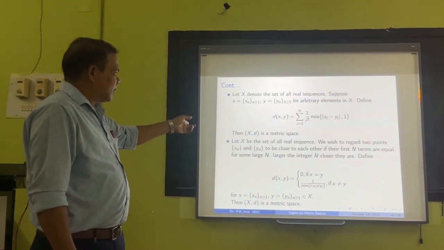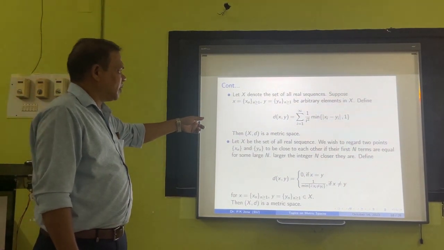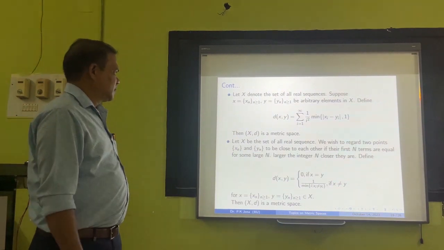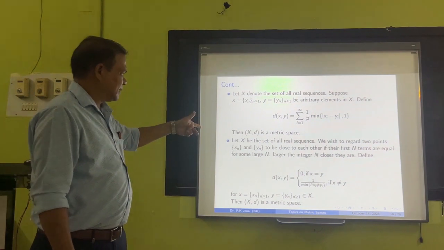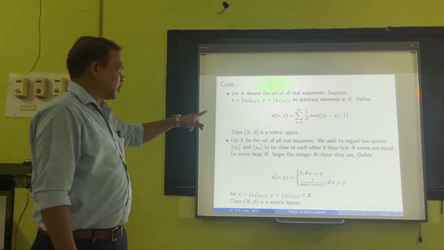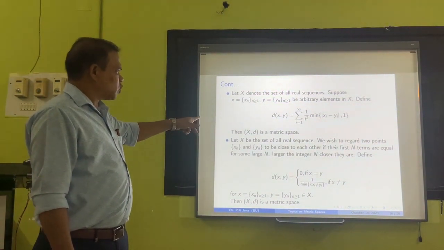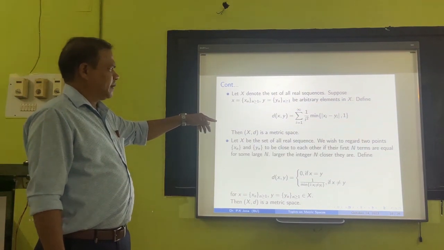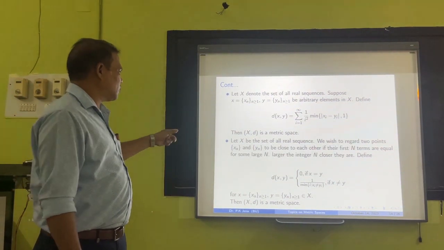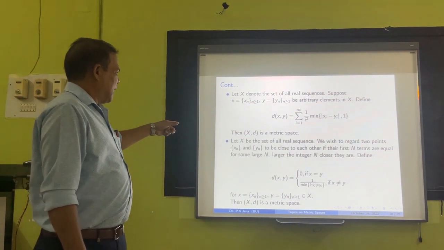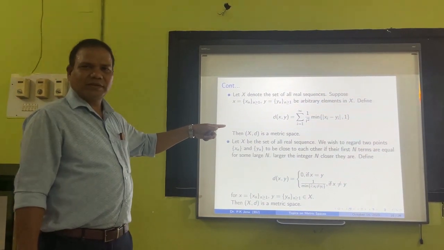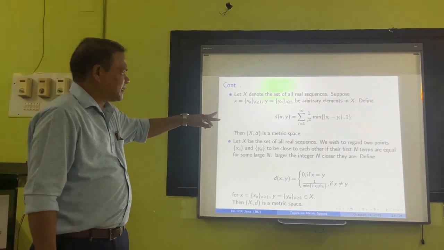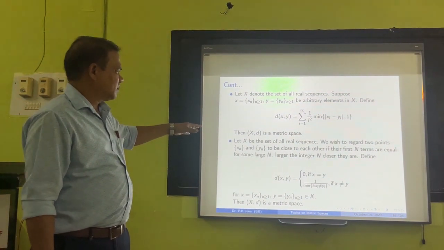Another example: let X be the set of real sequences. We take xn and yn as two sequences, two points to be close to each other if their first n terms are equal for some large n.